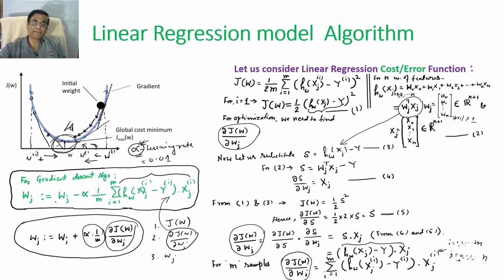So thank you for your attention. If you have any question, please come to the discussion forum, and please implement using the housing price data. I have made it available on the website, and then we have electronic component quality checking data. Any data you can take and run the gradient descent algorithm.